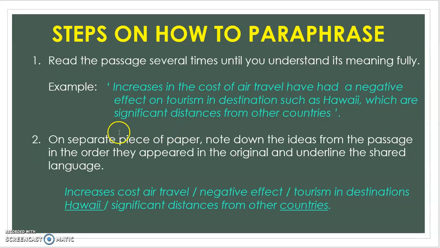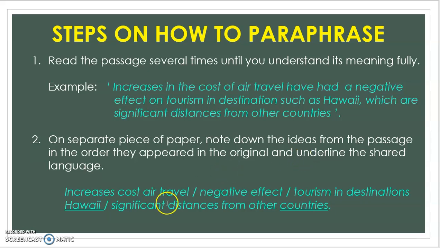And then the second step would be, on a separate piece of paper, you jot down the ideas that you get from the source, in the order that they appear in the source. And then identify the shared language and underline it.